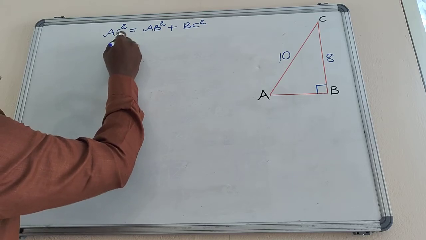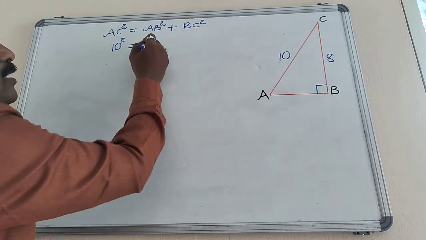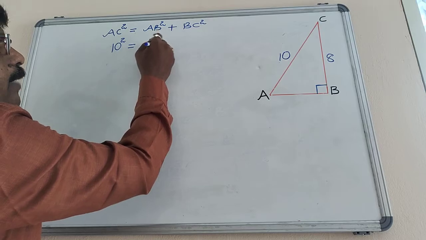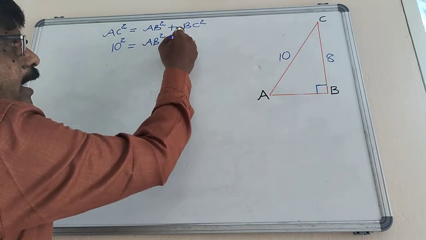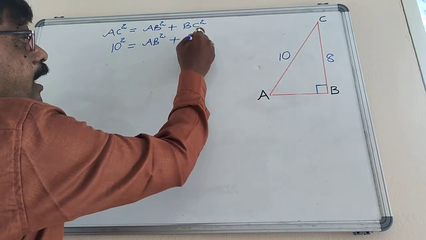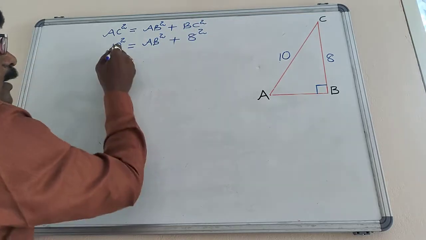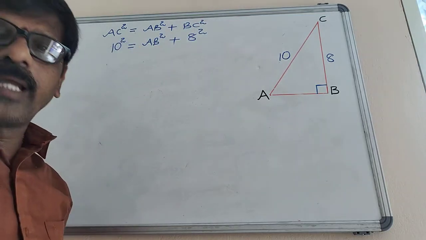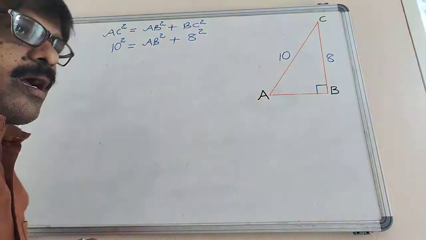Now AC is 10, so 10 square equals AB square, since AB is not given and we have to find it, plus BC, which is given as 8 square. 10 square means 10 into 10, 10 tens are 100.